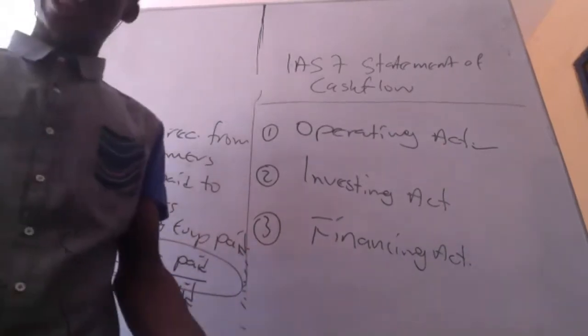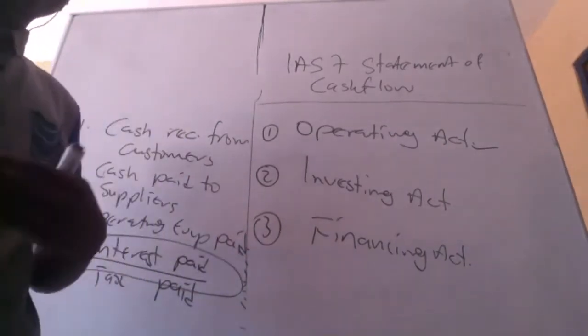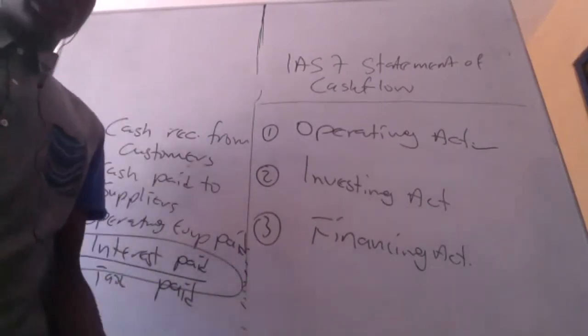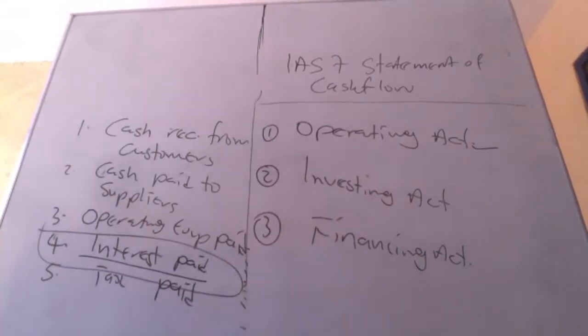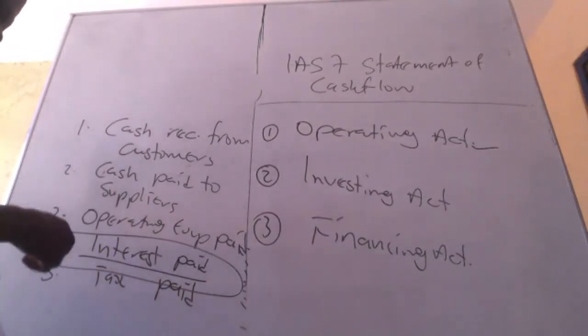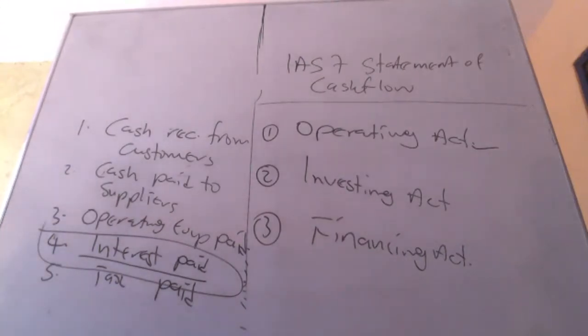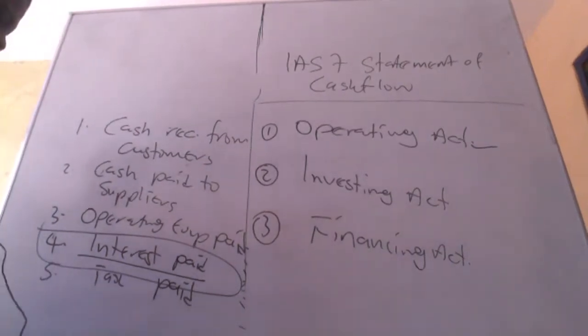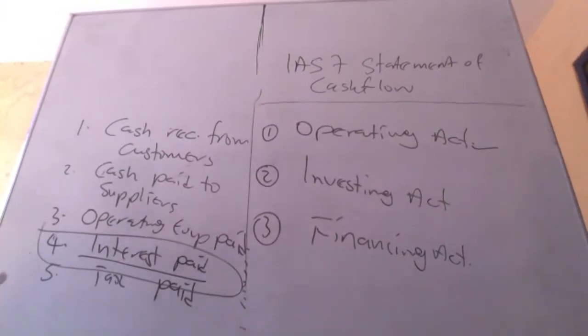But for you, it's not an operating activity because you don't deal in buying and selling of what? Trucks. You don't produce trucks. So if you deal with interest-related transactions, then it should form part of your operating activity, usually the financial institution. Good. I'm done with the operating activities.